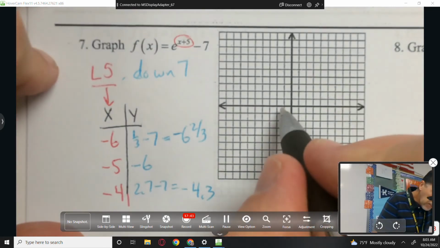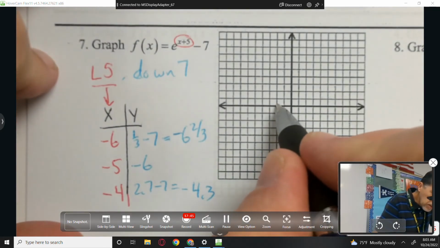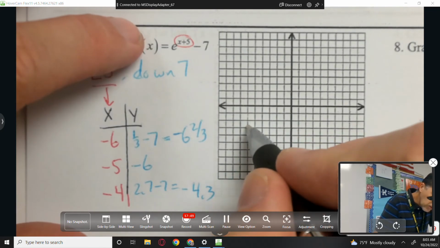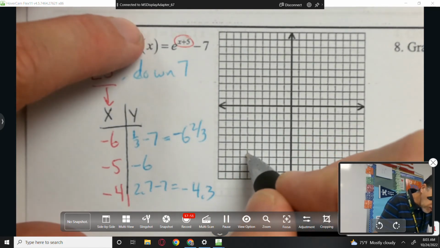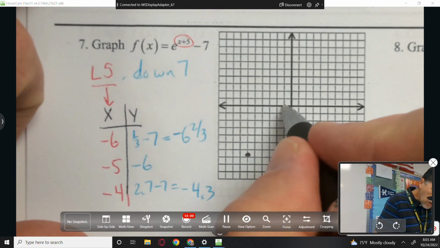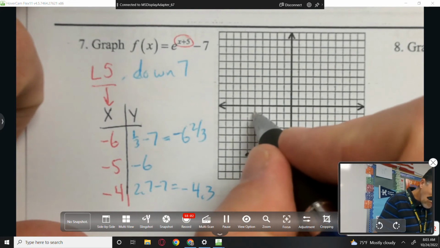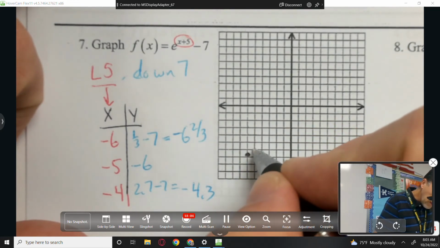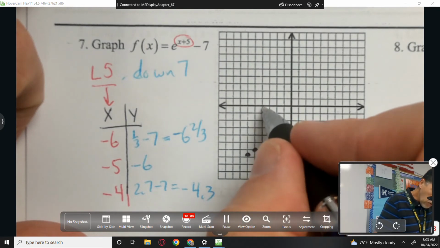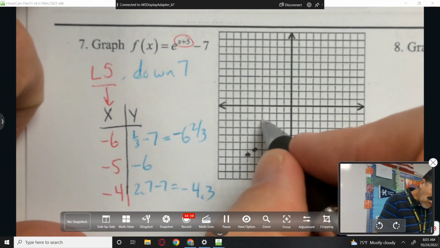So negative 6, 1, 2, 3, 4, 5, 6. Negative 6 and 2/3. Negative 5, negative 6 and 2/3. Negative 4, negative 4 and 1/3.